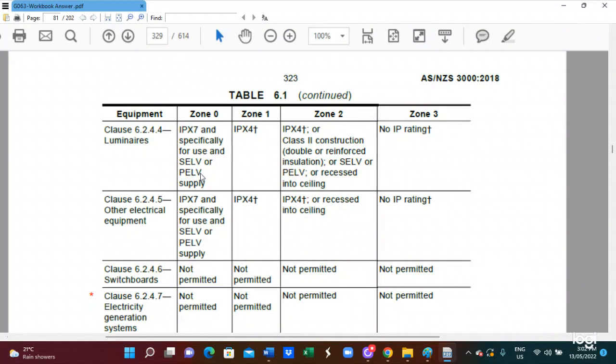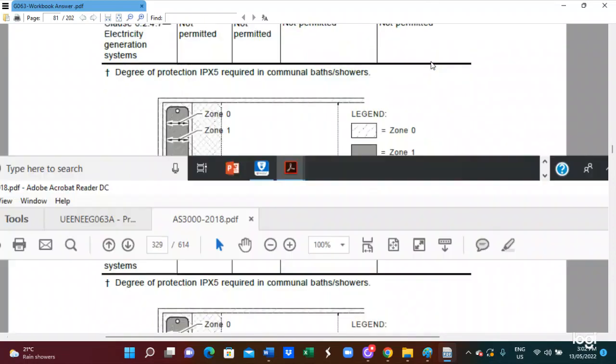EL3000 mentions the protection zones and also the IP rating. Those are things that you have to read through.